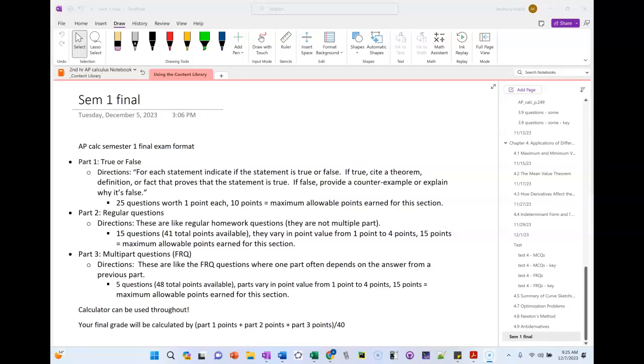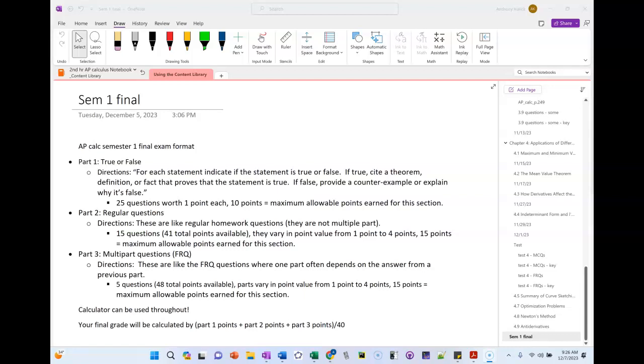And then for regular questions too, is it like the regular questions on the test where you might get knocked down a point, but you can still get the other three? Right, so if it's a 4-point question, there's probably 4 steps I'm looking to get through correctly. If you do 2 of the 4, you get partial.